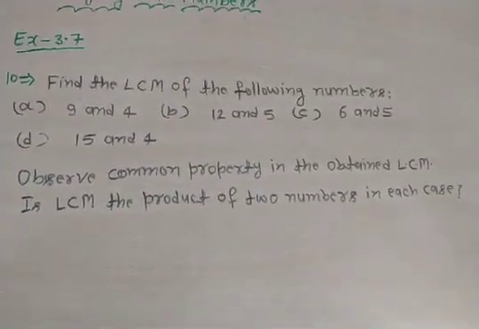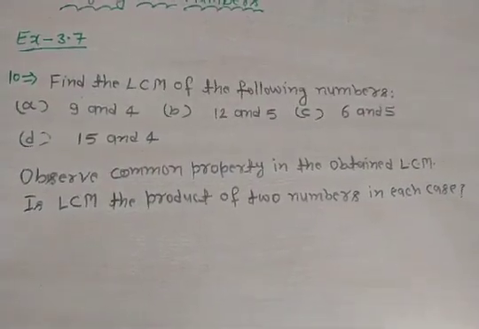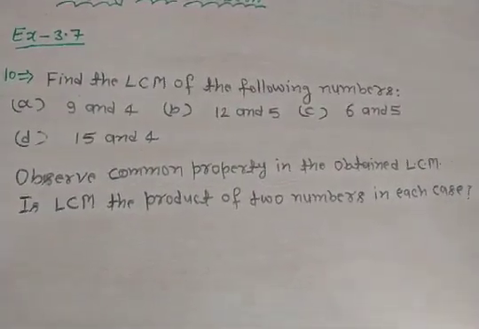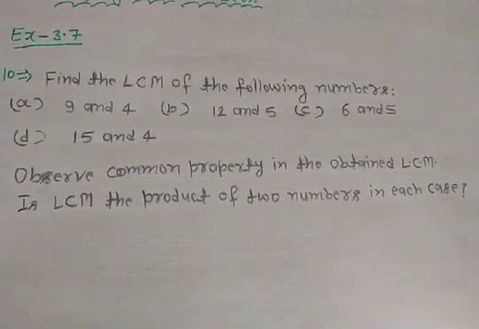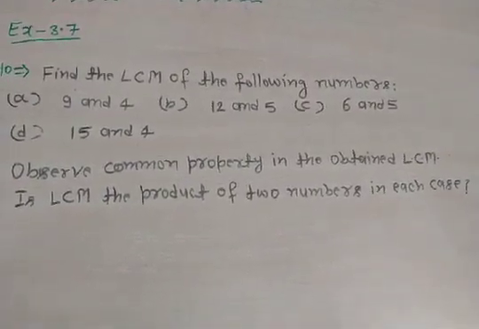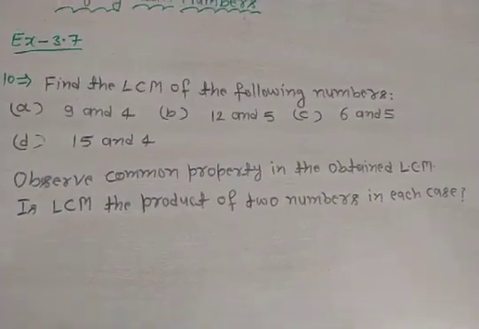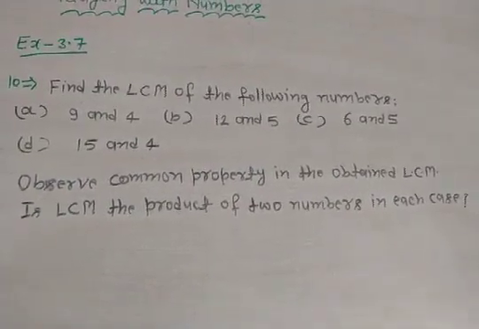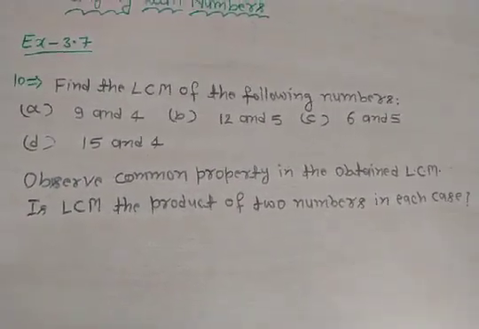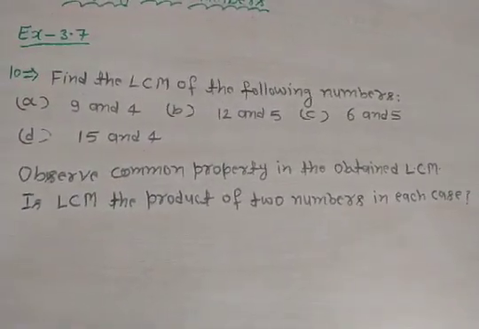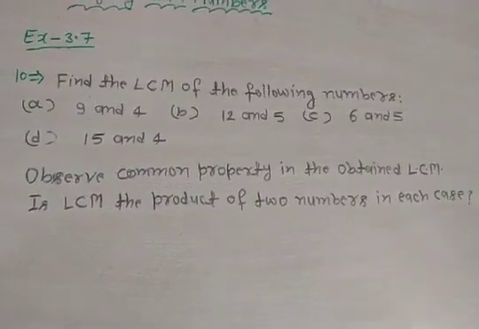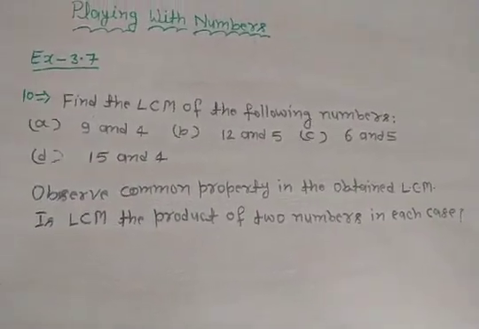Observe common properties in the obtained LCMs. In each case the LCM is the product of the two numbers. First we find the LCM of the given numbers, and after this we check whether the LCM is the product of the two numbers. Let's see how to solve it.